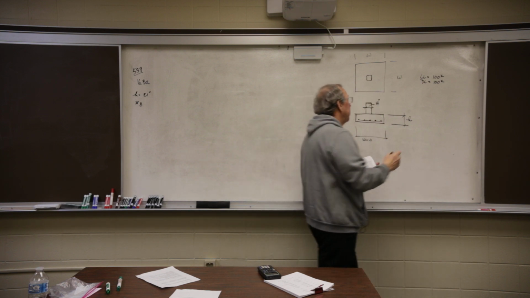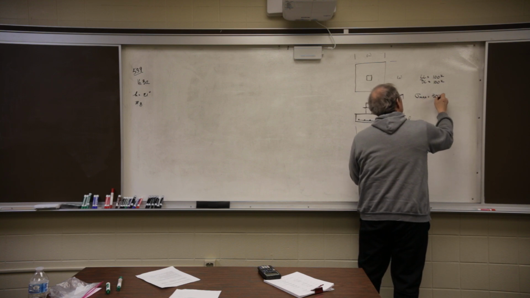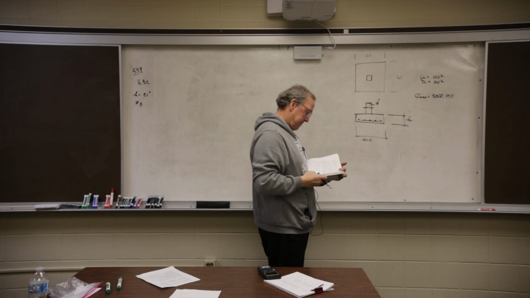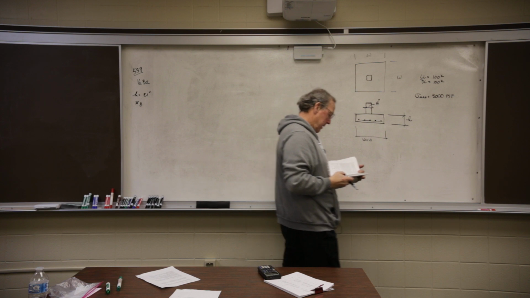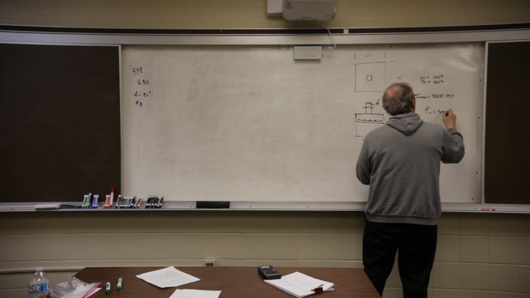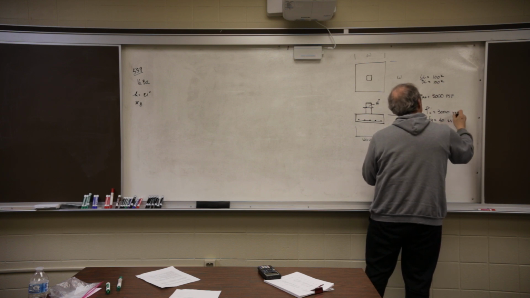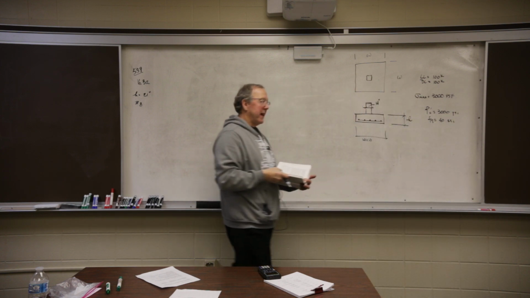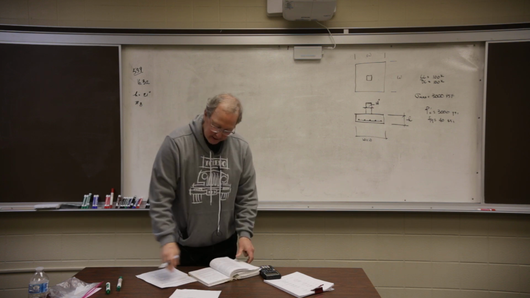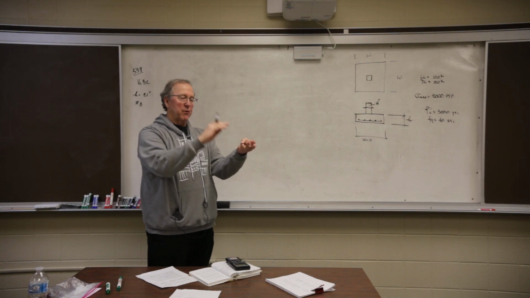Soil pressure, sigma max, same as before, is 3,000 pounds per square foot. Got that. Use concrete of 3, rebar of 40. Got that? And if you look at that data, it says determine the size, if the concrete is good, and the rebar.